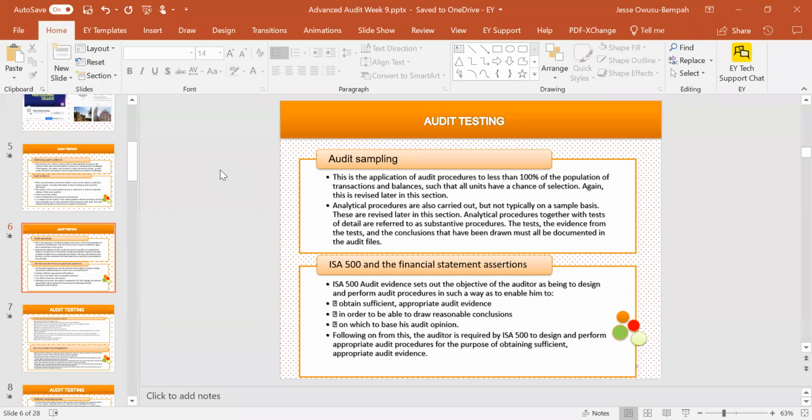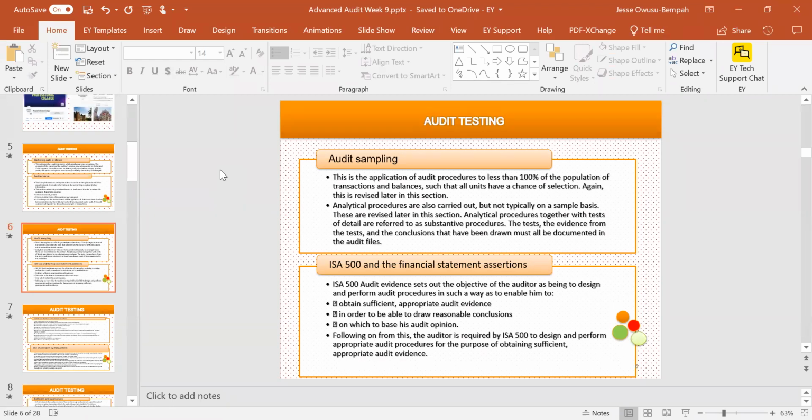It sets out the objective of the auditor. Very, very important. Now, what is the objective of the auditor?